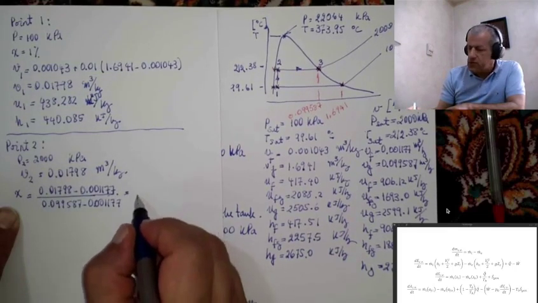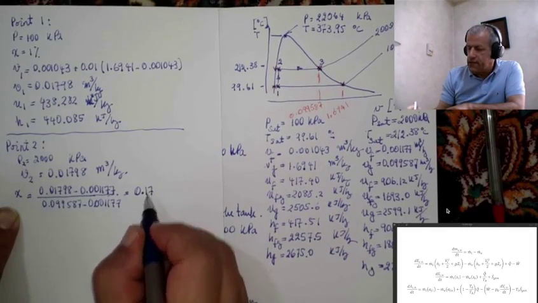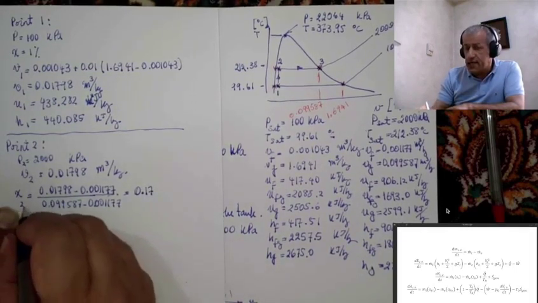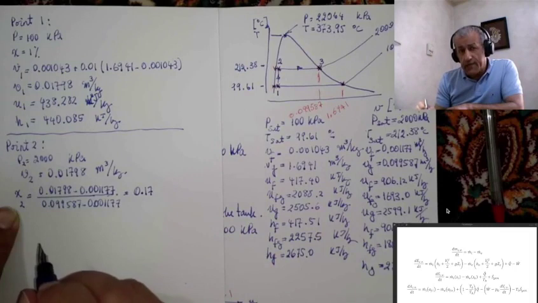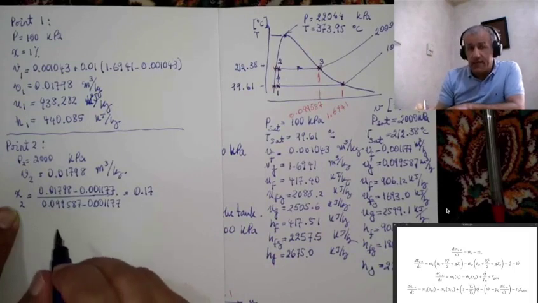And the outcome is 0.17, which tells us that the quality at point 2 is 17%.